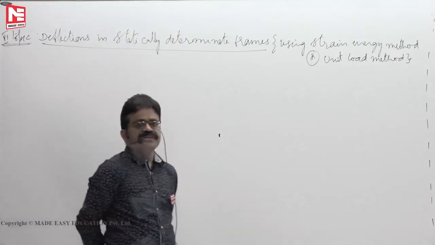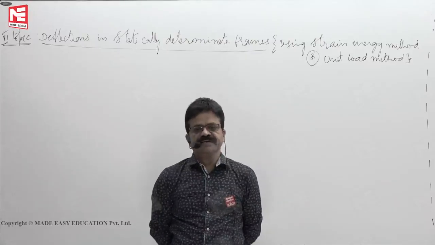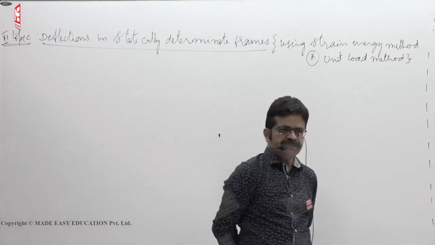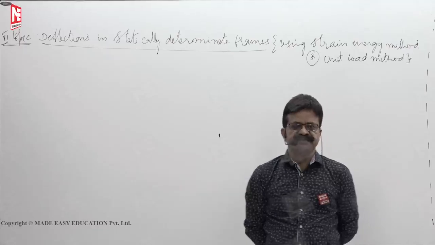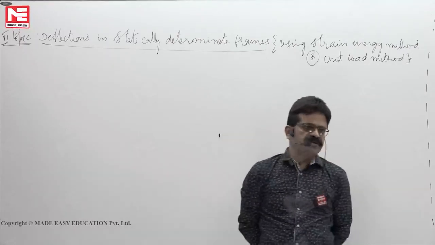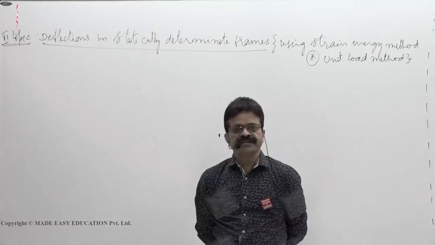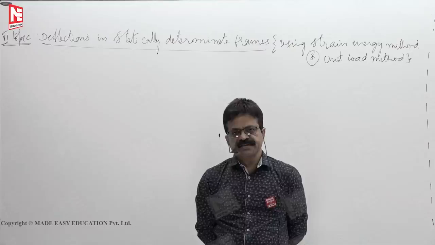Now, in strength of materials, deflections of beams we have studied using Macaulay's method of double integration, moment area method, strain energy method. Then you have conjugate beam method. There are many methods to find the deflections.